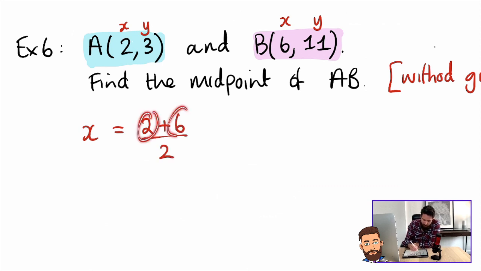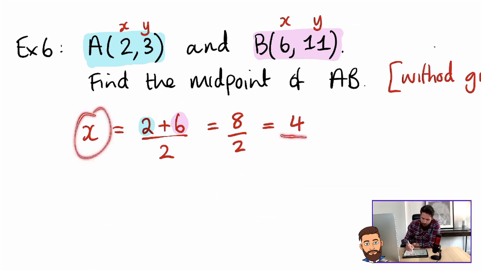So 2 plus 6, I'll just put some colours on there so you can see where I've got it from. 2 plus 6 is 8. 8 divided by 2 is 4. So that means the x-coordinate of our midpoint is 4.